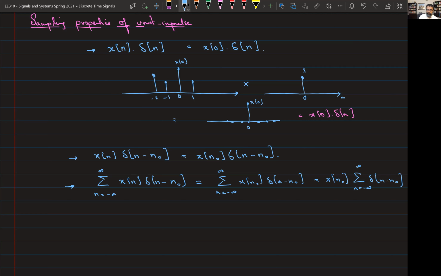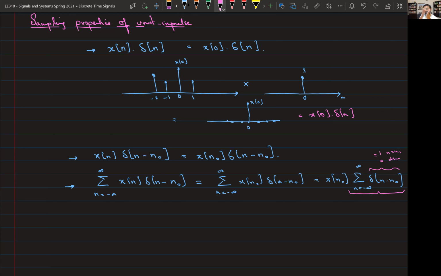What is this summation equal to now? What is this summation equal to? If I sum a delta function, train of, Talha, from minus infinity to plus infinity, this is not a train of impulses. If this summation was over n naught, then this would have been a train of impulses, a function of n, right? But what you have inside here, I know this is equal to 1 only when n equals n naught, and is 0 otherwise, right?